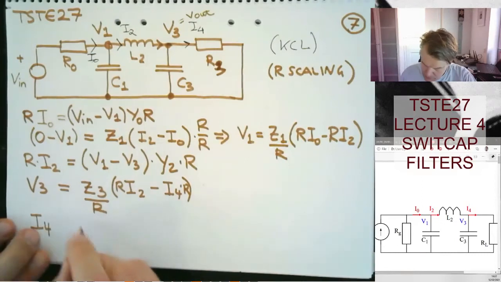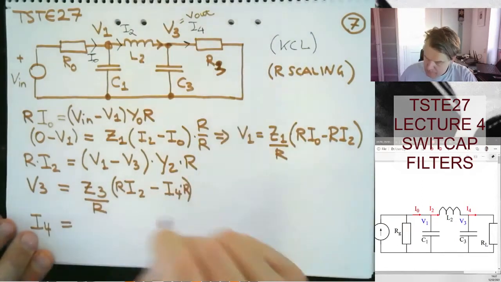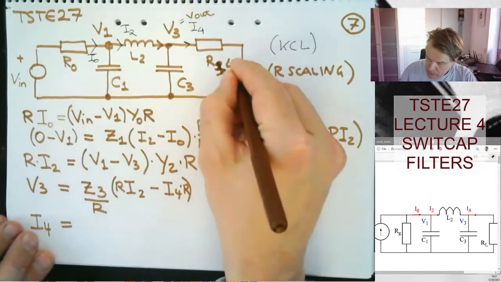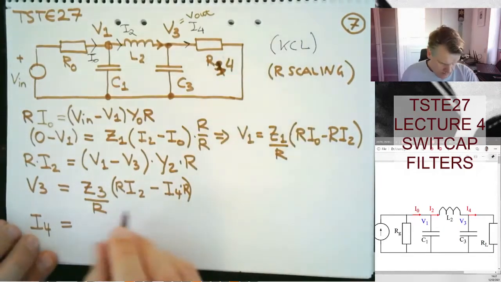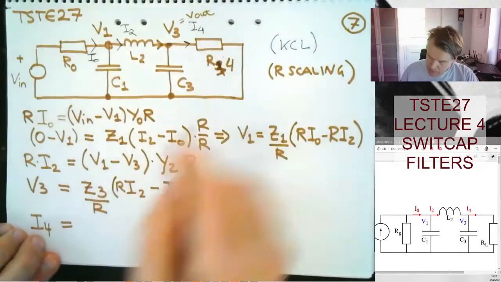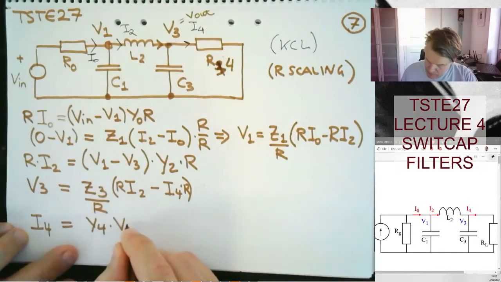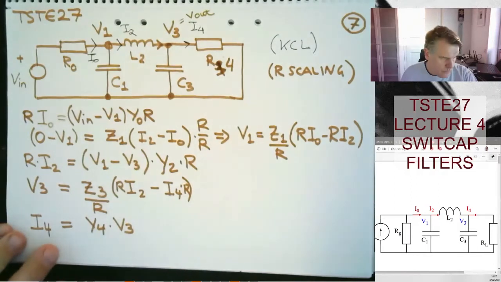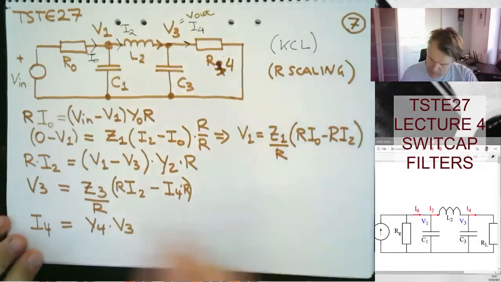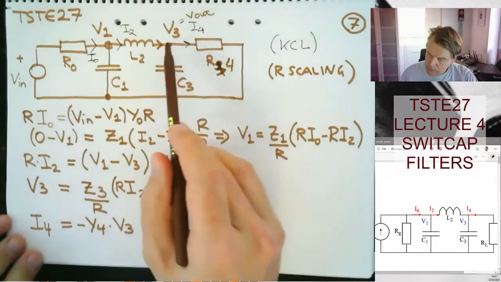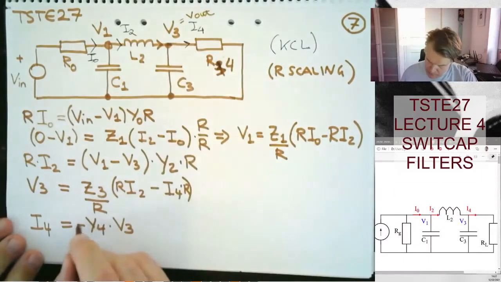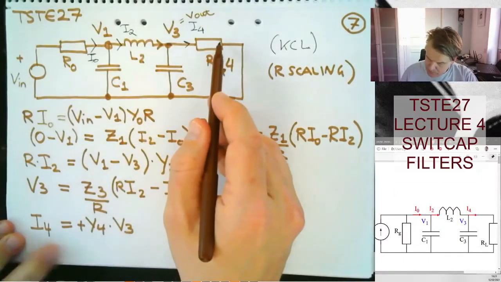I4. That should be I4R4, by the way. Okay, and that's quite simple. We just get Y4 times V3. And the minus, so the current going this way is, sorry, plus V3 times I4.